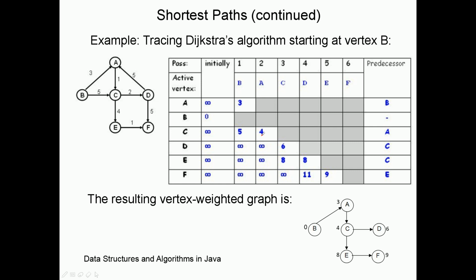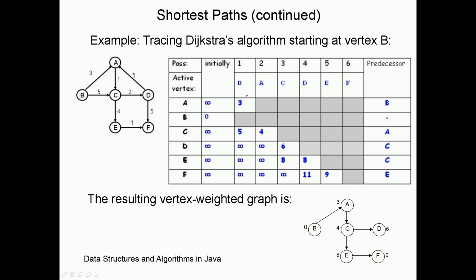Oh yes, you're right. A to C. Initially we went to C through B, but then we realized there's another shorter one. Yeah, we go through A.